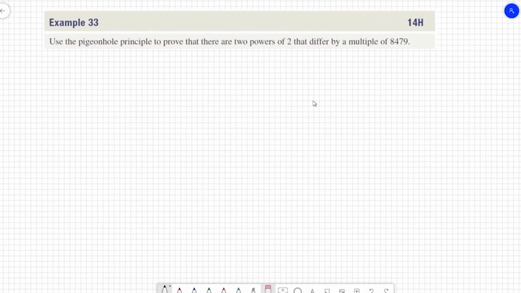Use the Pigeonhole Principle to prove that there are 2 powers of 2 that differ by a multiple of 8,479. So we are basically looking for 2 to the power of A minus 2 to the power of B, where n is a positive integer.